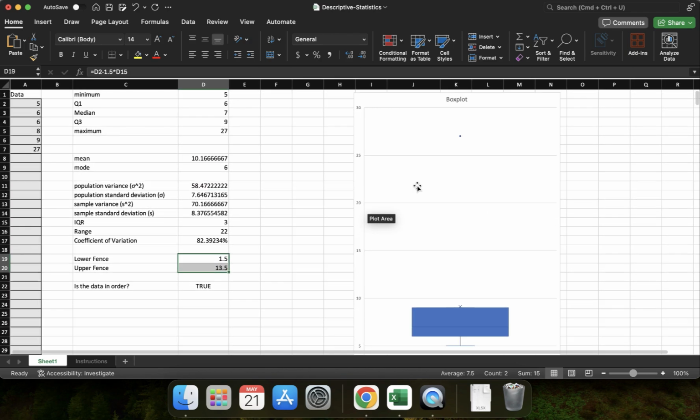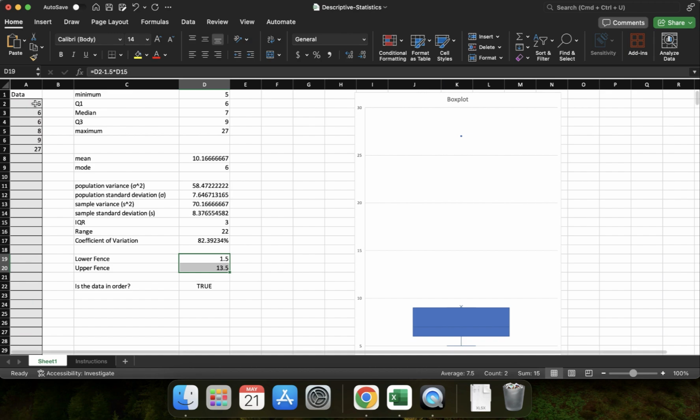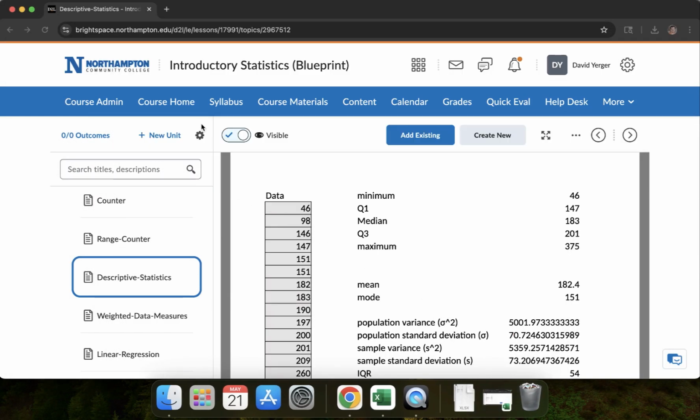It gives us a box plot as well. This will be nice in our next few sections. So fairly easy to use. Make sure it's in order. Make sure it doesn't turn red. Fill from A2 and then down. But yeah, we'll be using that pretty often.